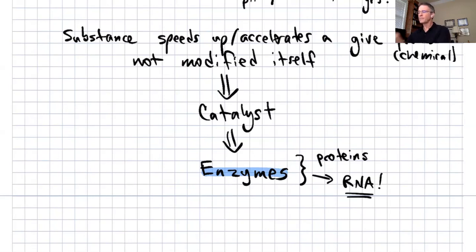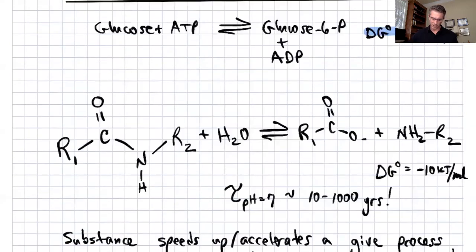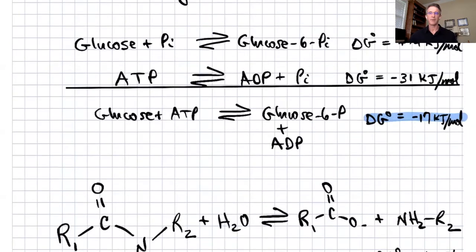Okay, so back to the examples I just gave you, the enzyme that carries out this process of taking glucose and ATP and turning it into glucose 6-phosphate is an enzyme known as hexokinase, or it has a cousin known as glucokinase.